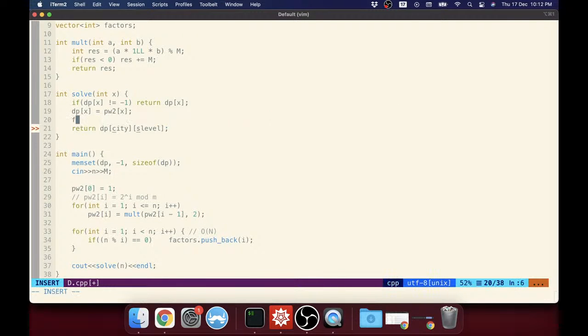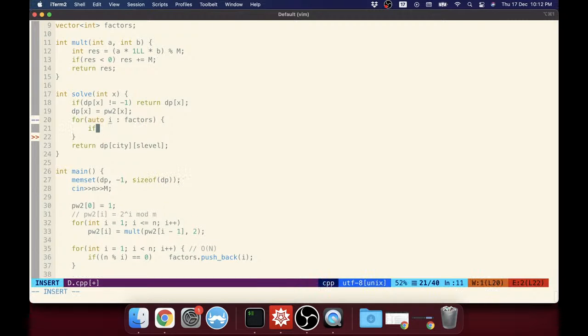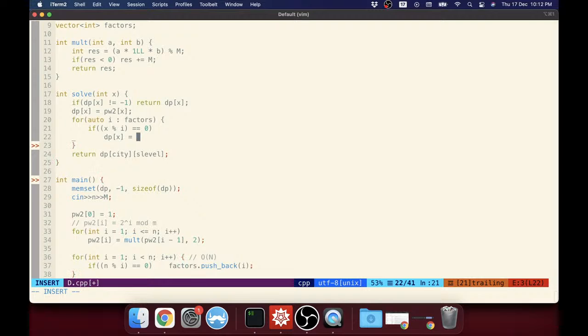What should we do next? So here, for auto i in factors, if x mod i is 0, then dpx equals dpx minus dpi.